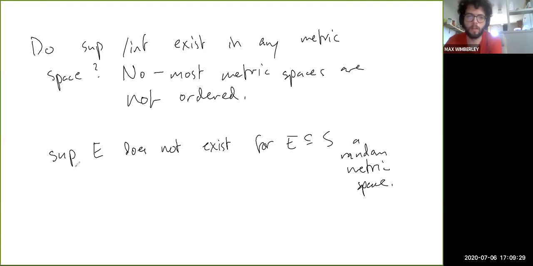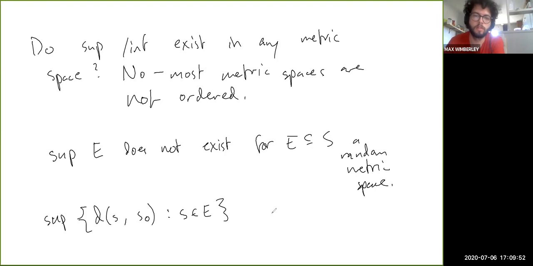But of course, a lot of these do make sense. For example, the sup of the distance from S to S naught for S in E does make sense, right? Because ultimately this set here is actually just a set of real numbers, even though you're quantifying over elements of a subset of a metric space. The fact that the elements of this set end up being real numbers means that you can take this sup.